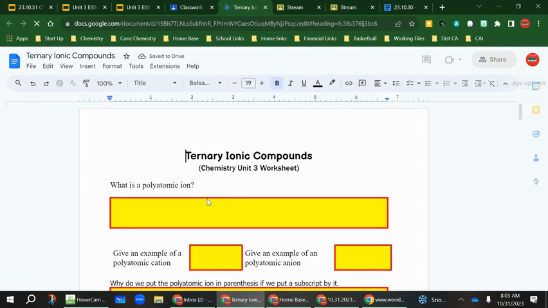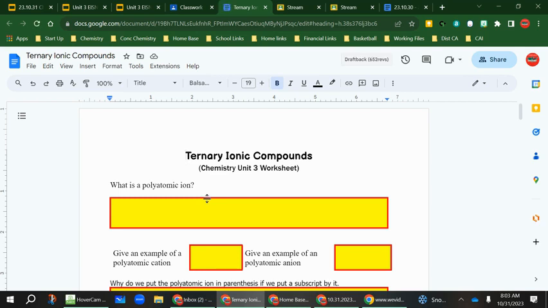If you're done and people are screwing around, I will move on. So again, you've got 15 minutes to get this done, to ask questions, to get with other people and work on it together, to get it turned in. But you have till the end of the day. That's when it's due. Okay, the clock is running, ladies and gentlemen. If you have questions, let me know. At the end of the 15 minutes today, we are going to talk about suffixes and prefixes that we add to names.